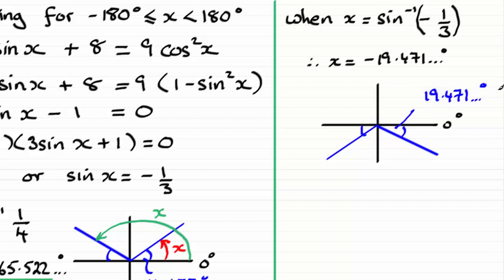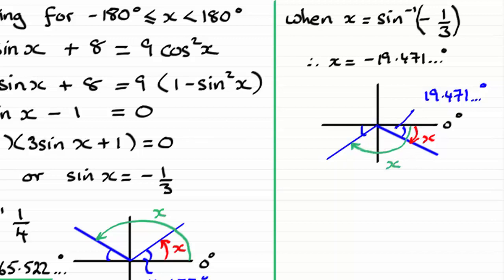So the values of x that we need here, turning in this range, up to negative 180, one of them will be this one, which is x equals minus 19.471, and the other one would be turning from here all the way around to this line, in the negative sense.